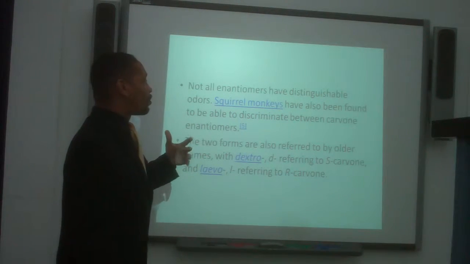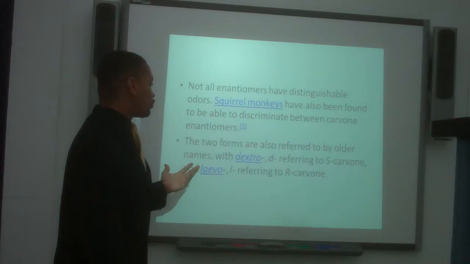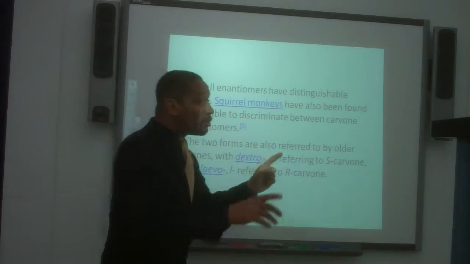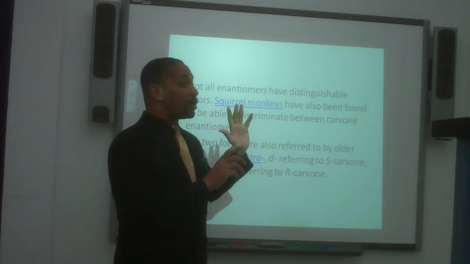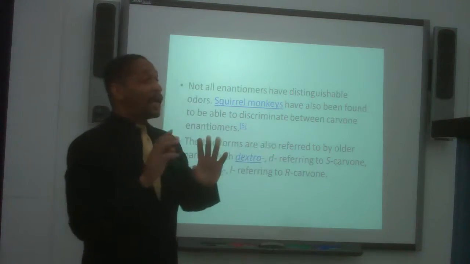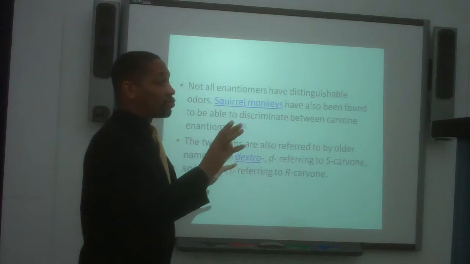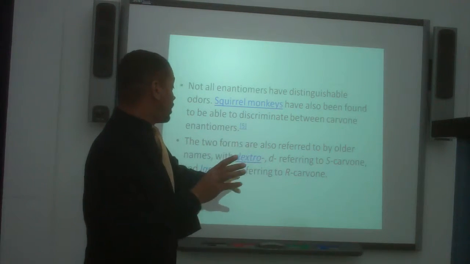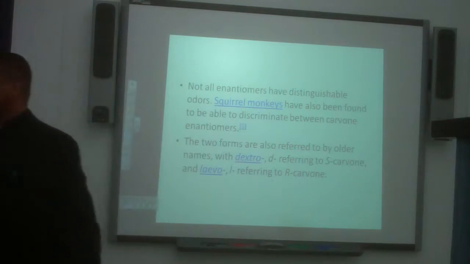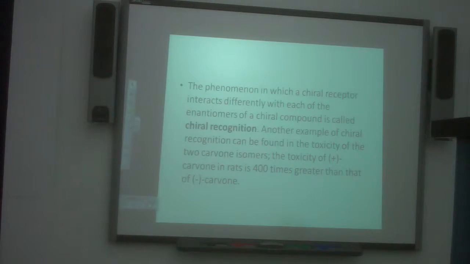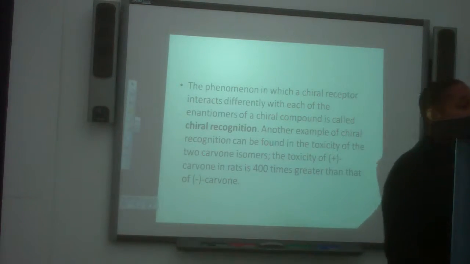Some animals are also able to distinguish between these enantiomers. In proteins, amino acids are levorotatory and S, meaning that the L/S designation does not always work. This is something called chiral recognition.